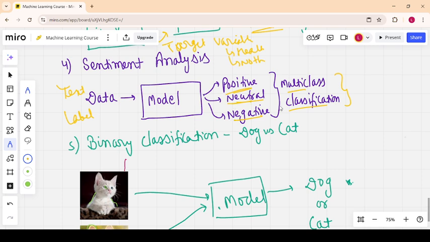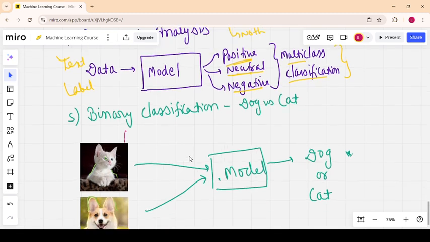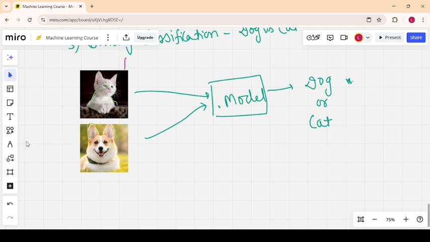The next example is a binary classification example, in which we have a number of cat images as well as dog images, and these images are labeled: this is labeled cat, this is labeled dog.